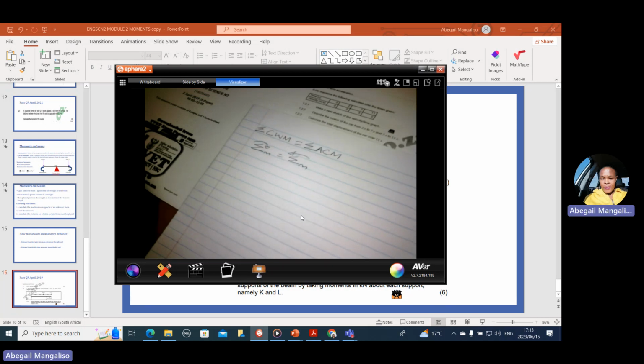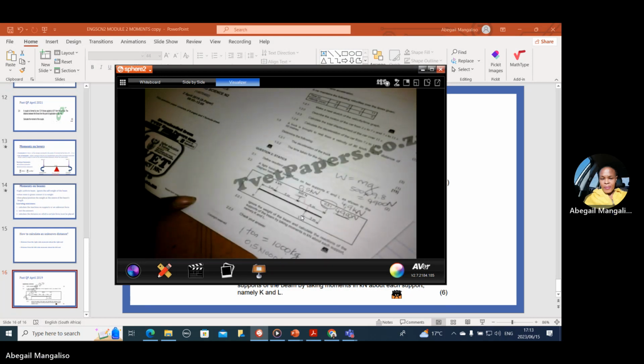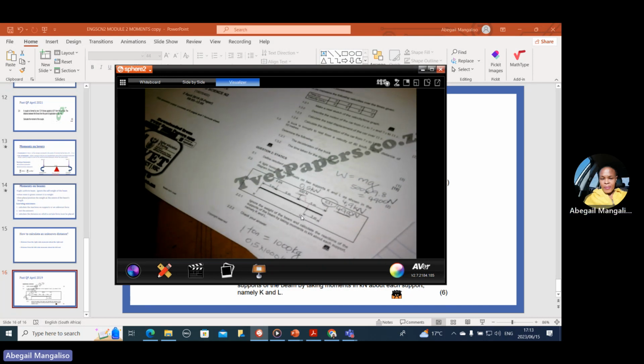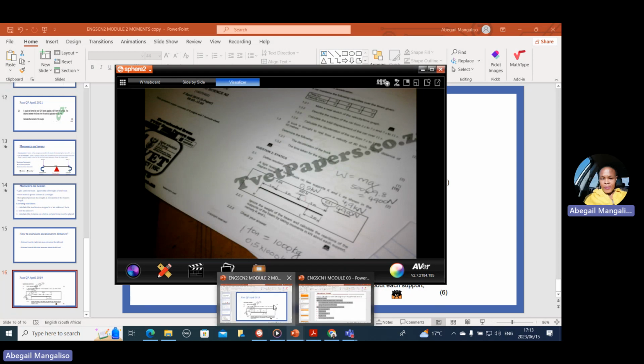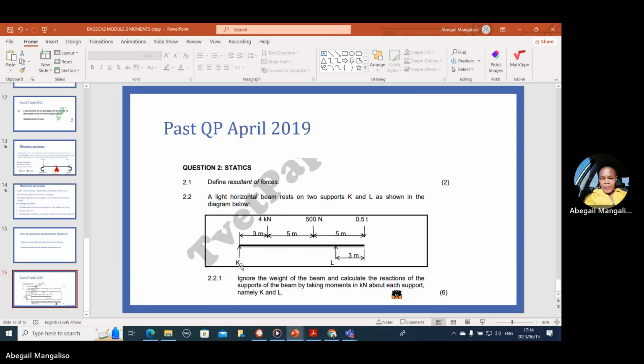Now, when calculating the moments, we have two supports that are unknown. Both N and K are the unknowns of this question. K is unknown, L is unknown. These concentrated loads are called concentrated loads or point loads.